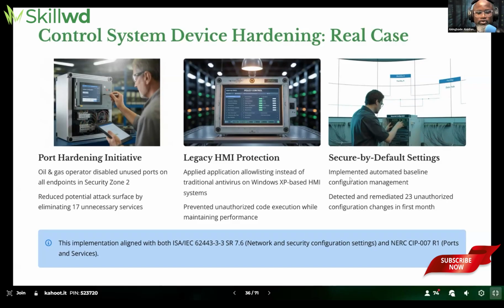So you just want to make sure you have a process in place so that when there is integration with newer models, you've prepared your organization to integrate both together in a way that would not cause further security threats. Then there's secure by default settings, where you implement automated baseline configuration management in your organization also.